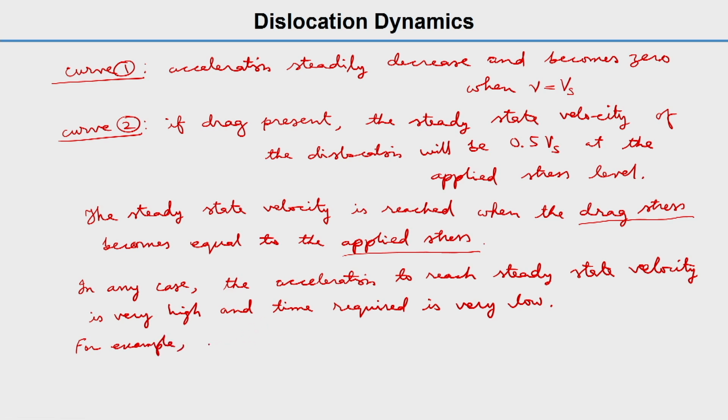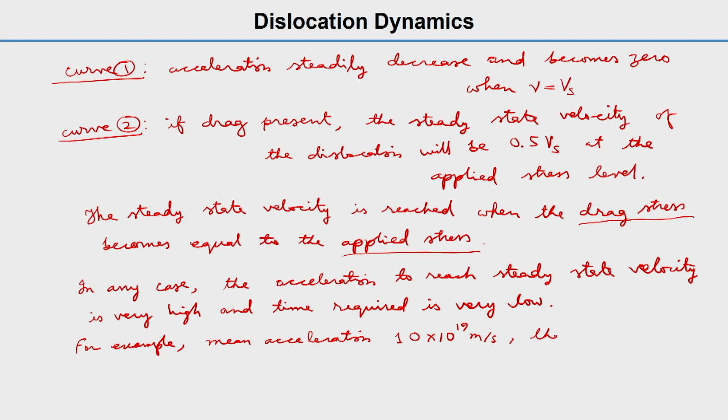Suppose the mean acceleration, from the curve we saw in the earlier slide, is 10 times 10 to the power 19 meter per second square.